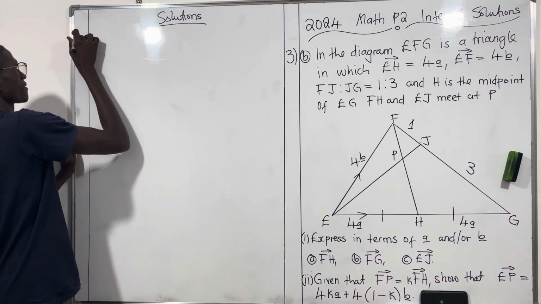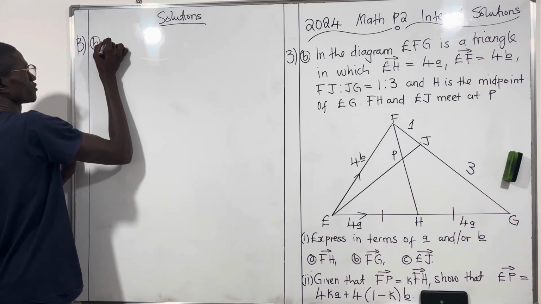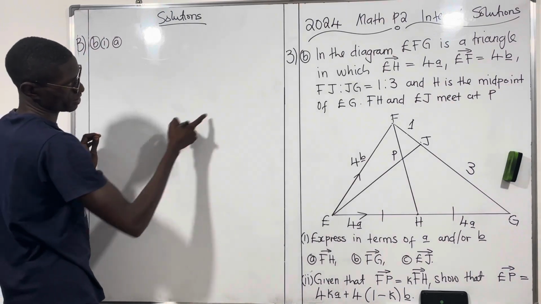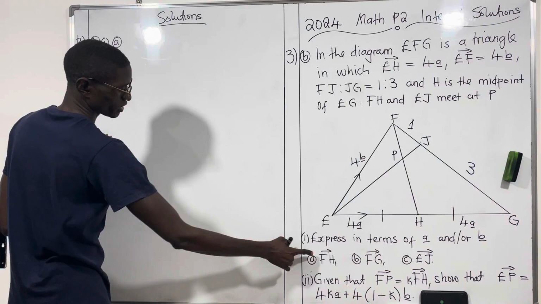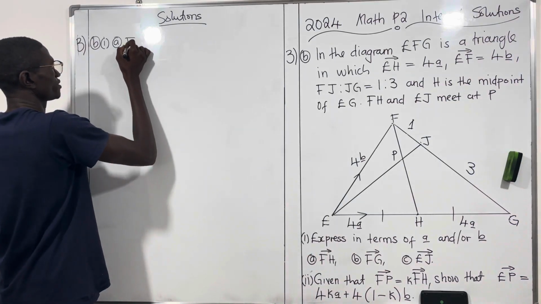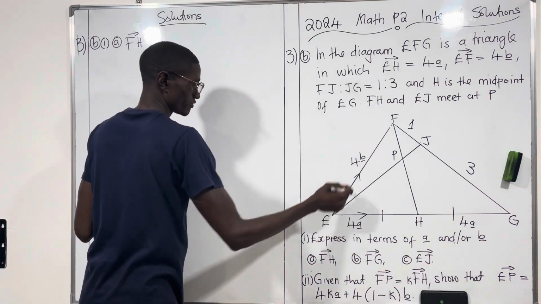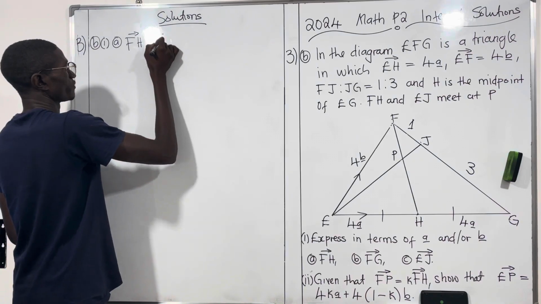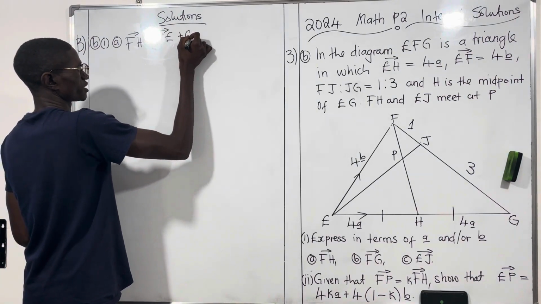So that is question 3B, Roman numeral 1, question A. We're trying to find FH. So vector FH is going to be equal to FE plus EH, vector FE plus vector EH.